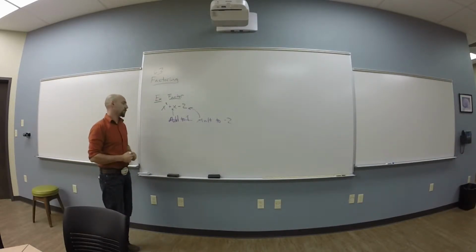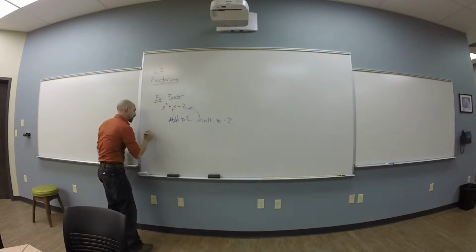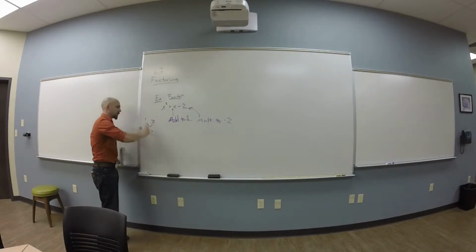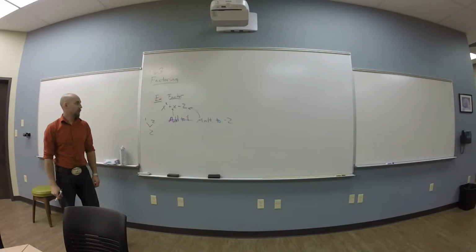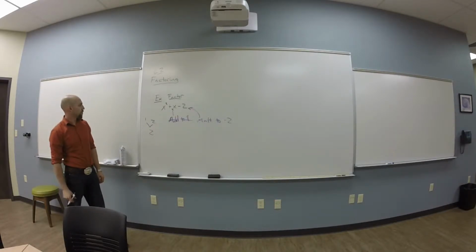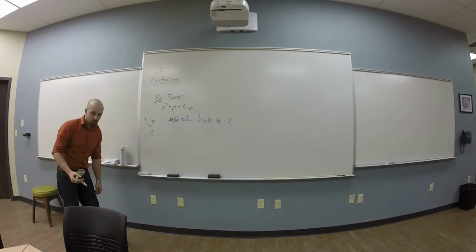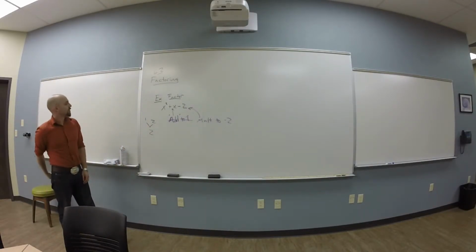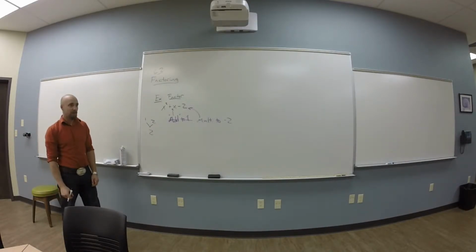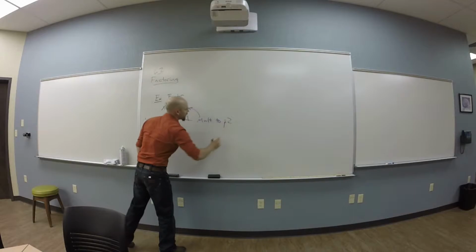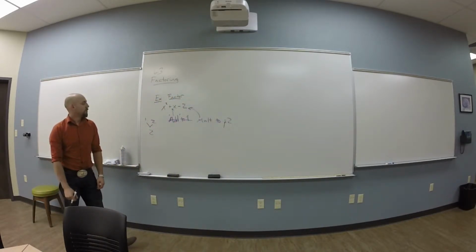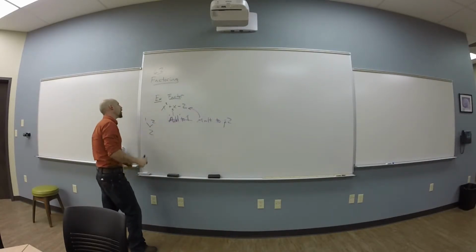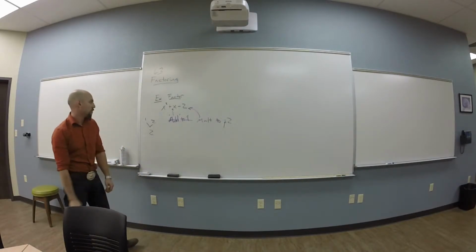So I need to seek two numbers that do this. If I think about 2, there's only one way to multiply to 2, it's 1 times 2. Can I add those to get 1? Well, this is where I meant add or subtract, which is clued in by the negative sign here. How can I add or subtract 2 and 1 to get 1? If I do 2 minus 1, I get 1.